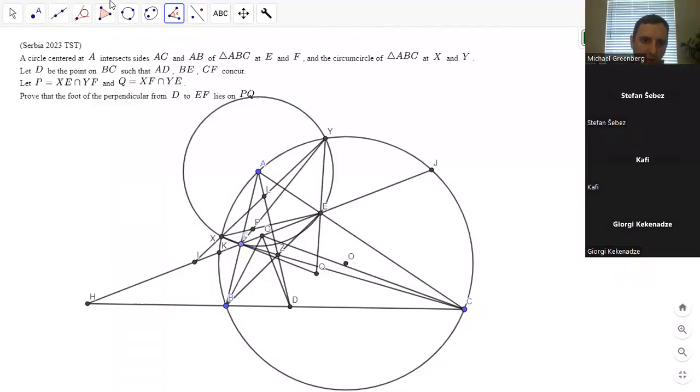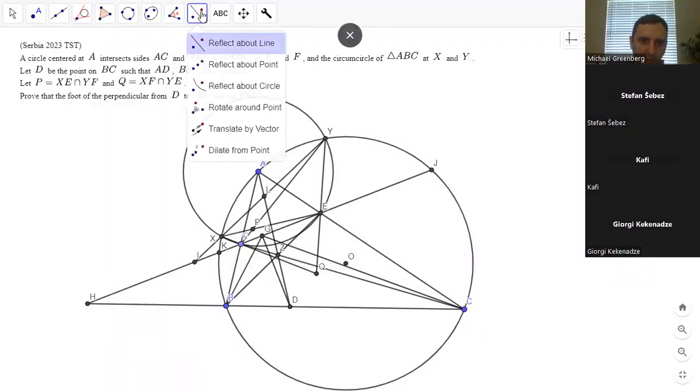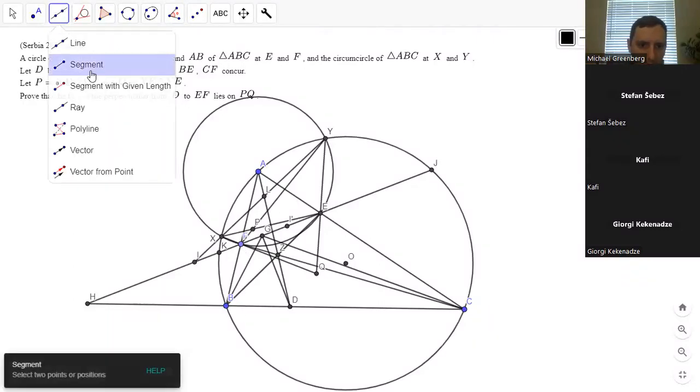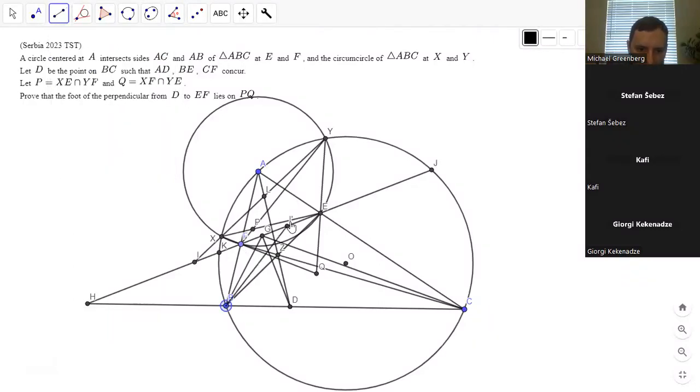So it's kind of like saying, if we were to reflect I about F, then we want to show I prime FB is similar to IEC. It's one way to think about it, which is the same as saying that this angle equals this angle.